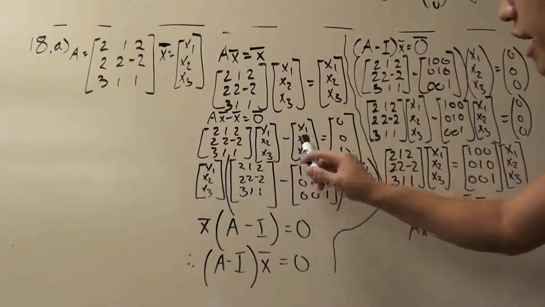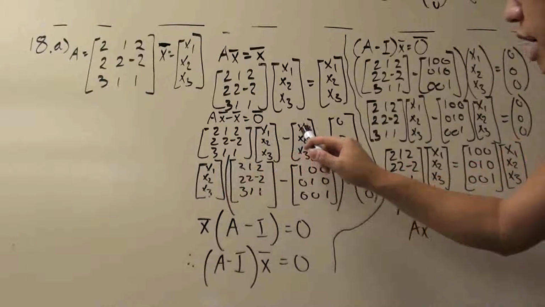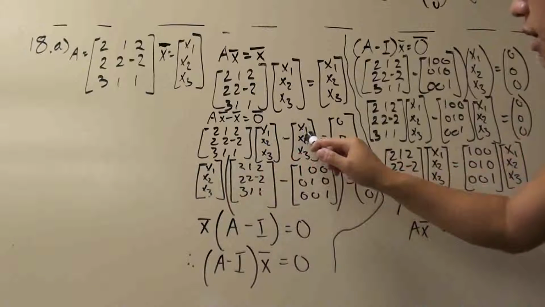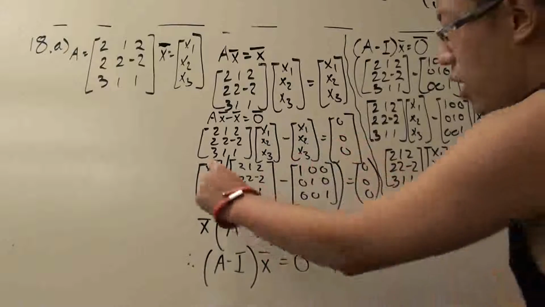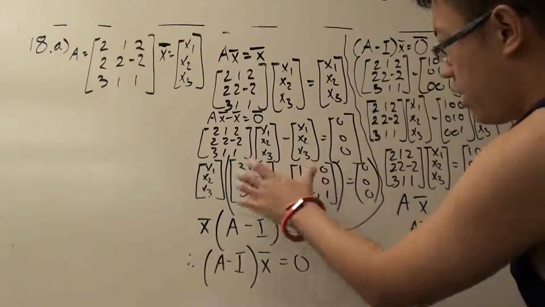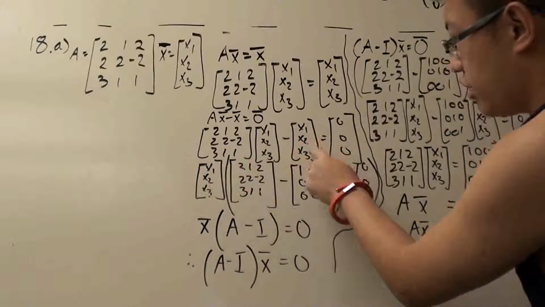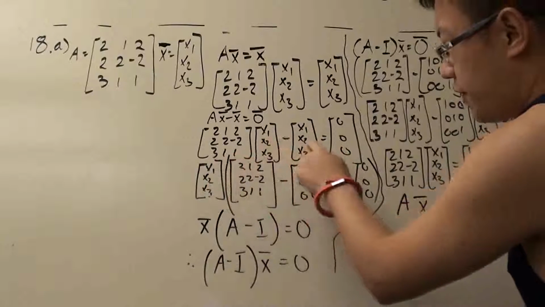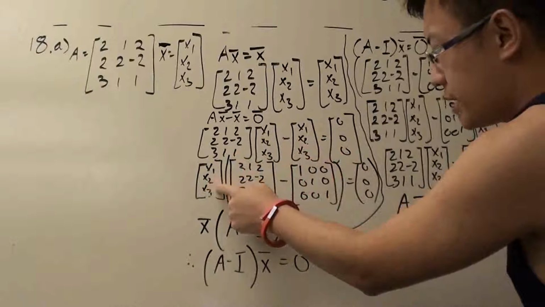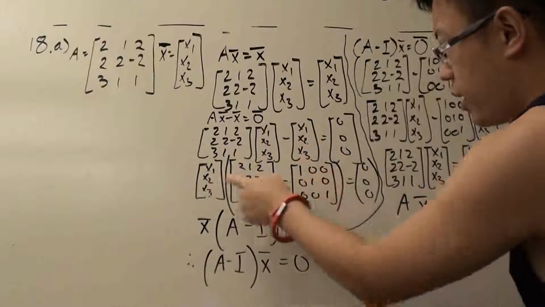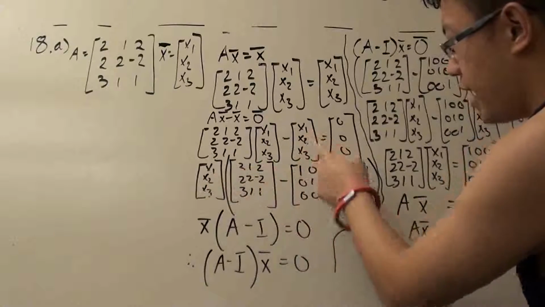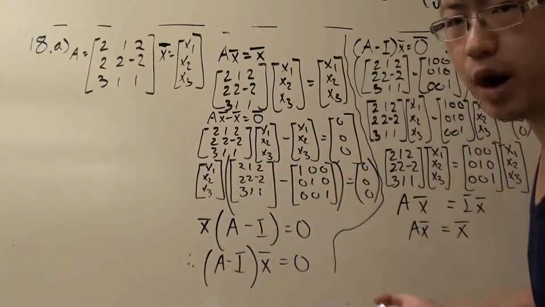Now, this is the thing. If you factor out the x vector, this times whatever will have to give me the x1, x2, x3 vector. If this and this are identical, the only possibility, where if you multiply this by this it gives you that, has to be the identity matrix, or 1.